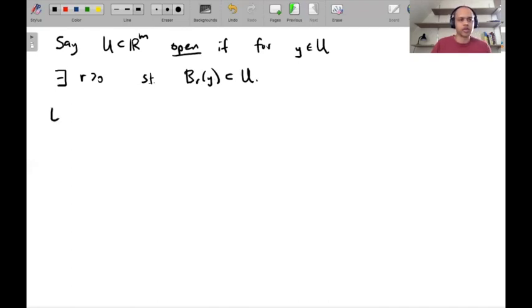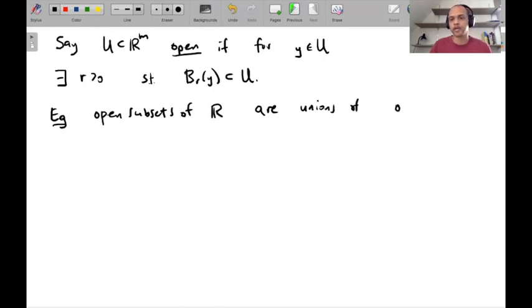So for example, open subsets of the real numbers are unions of open intervals. So something like this. This is an open set.